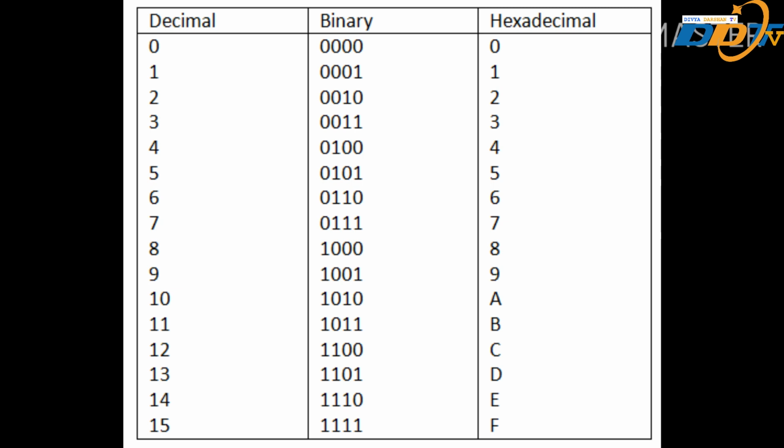Here we are looking at 10 in decimal, but in binary 10 is 1010, and in hexadecimal it is A.